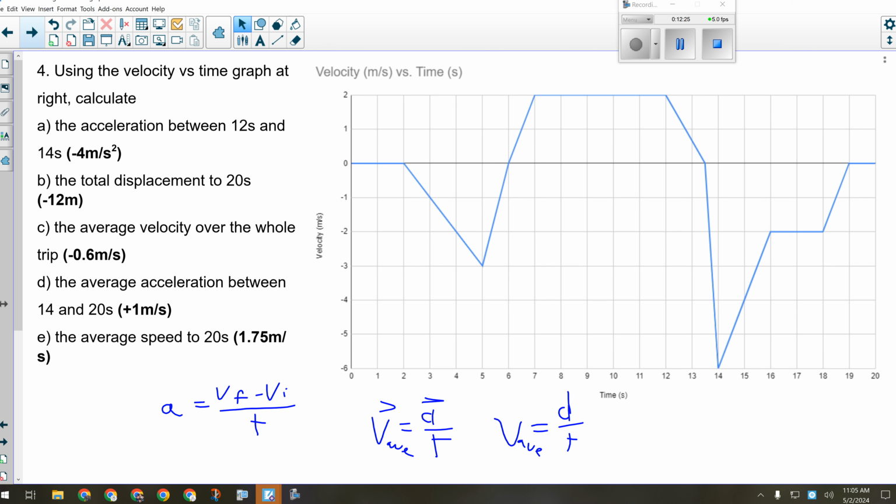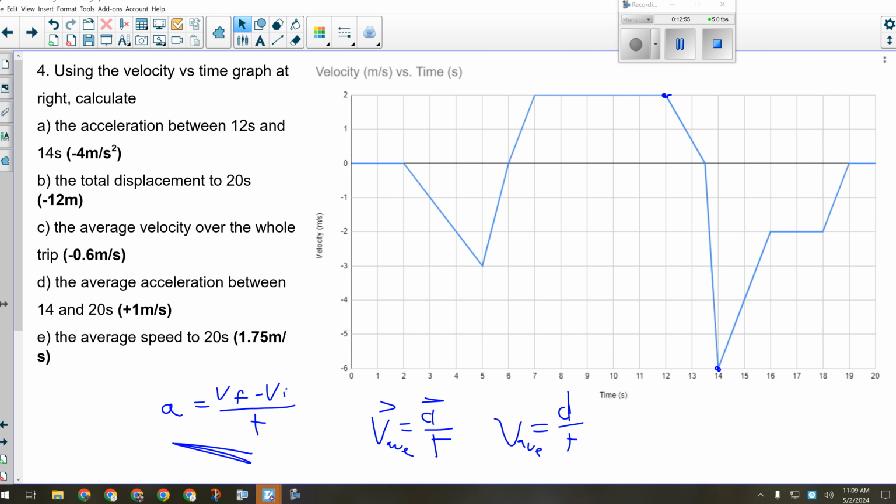All right, so with a velocity versus time graph, we do things a little differently. We can use this formula now because the graph is showing us velocity and time. For part A, I'm just using this formula here, and I don't have to manipulate it. I'm trying to solve for a between 12 seconds and 14 seconds. Here's 14 seconds and here's 12 seconds, so 14 seconds is my final velocity.